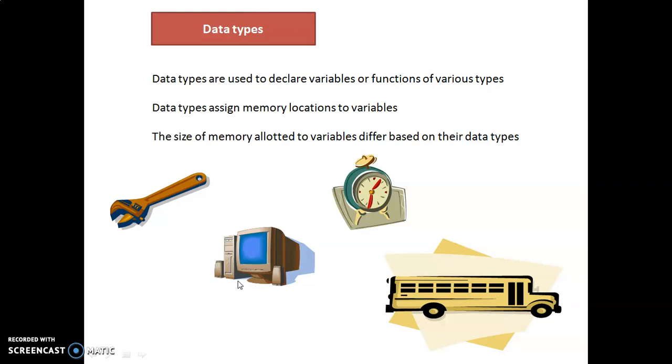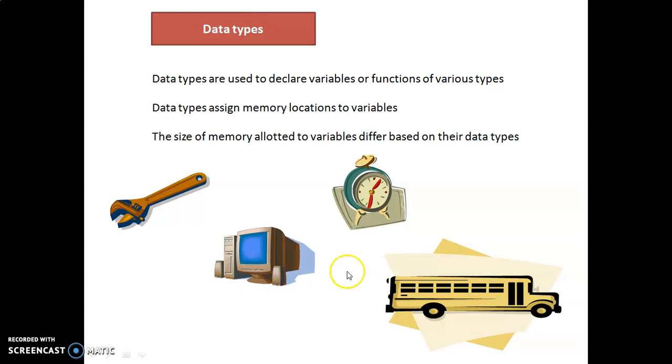If you want more details about those constants, you can see the video about constants which I have made. Now take integer constants, character constants, floating point constants. All of them occupy different amounts of memory. So in order to allot memory to those variables, we use data types.